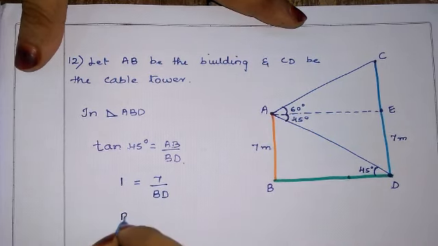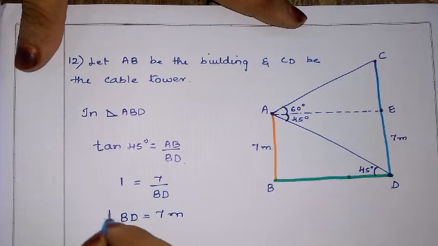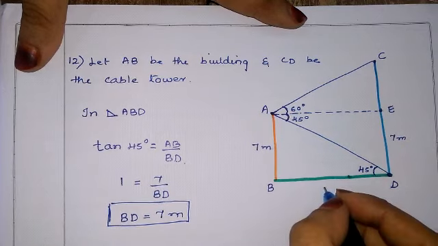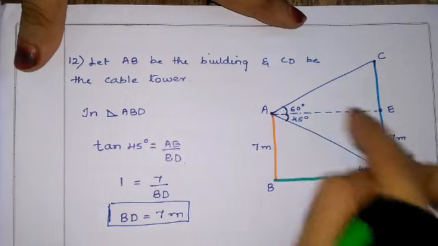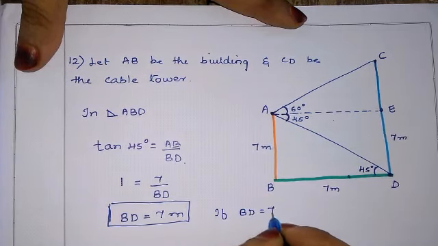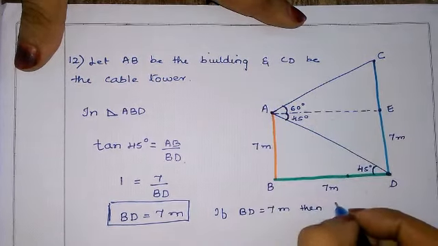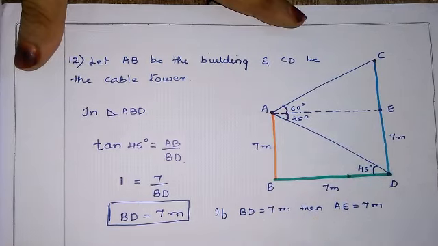BD into 1, BD is equal to 7. We got BD also as 7. Now if BD is 7, then AE is also equal to 7 because opposite sides of the rectangle are equal.